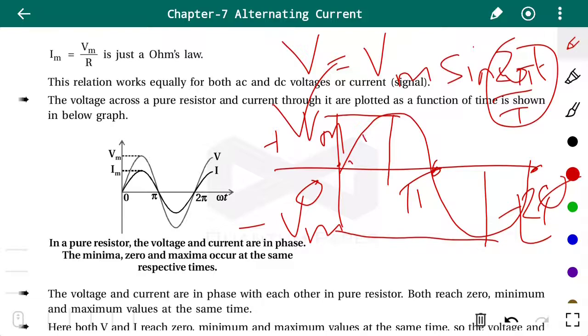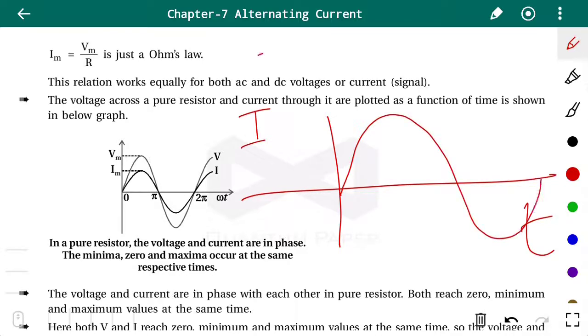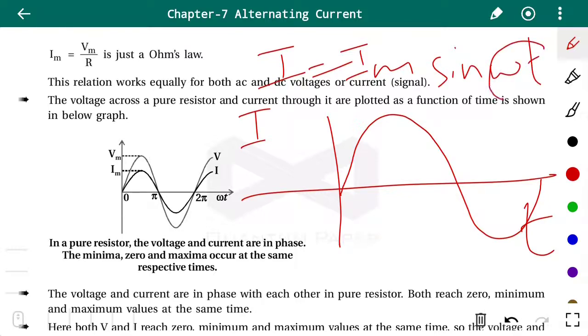These different plots show the value of the voltage with respect to time. In the same way, for current, I versus t, its value changes with respect to time, because I equals Im sin omega t. For sine 0 the whole term will be 0. For sine pi, again the whole term will be 0.